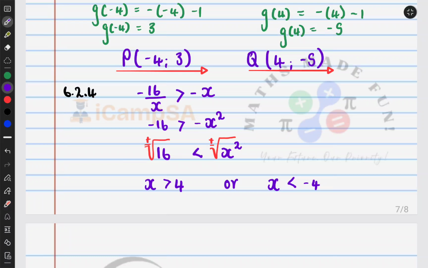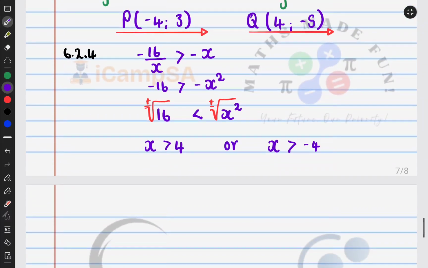Okay, x will be greater than 4, or x will be less than negative 4. No, x will be greater than 4.